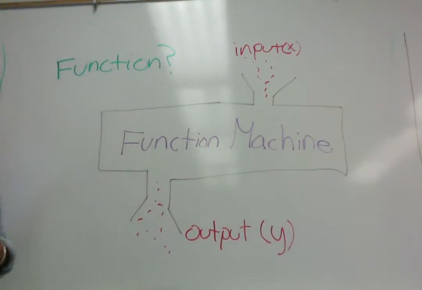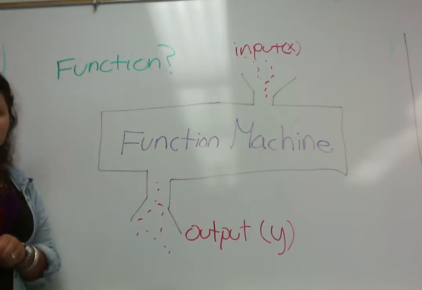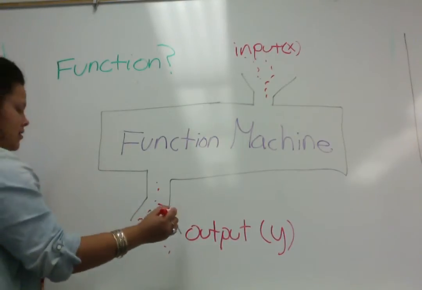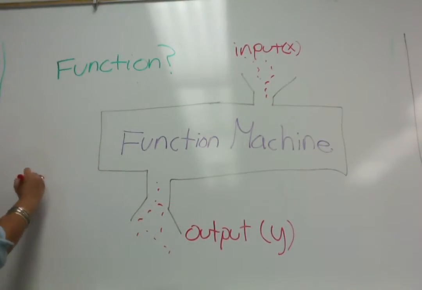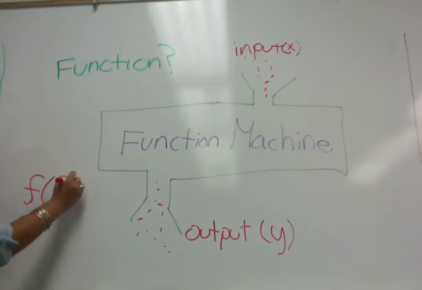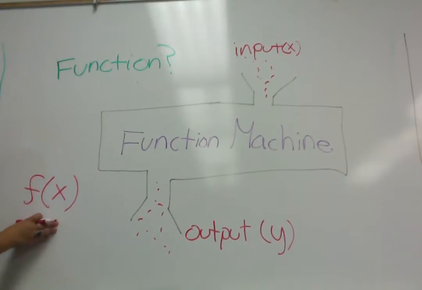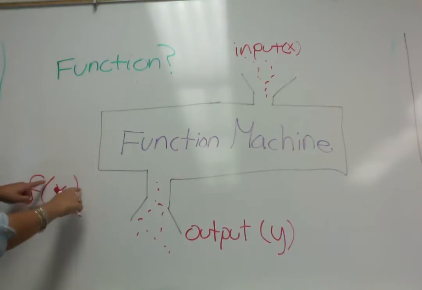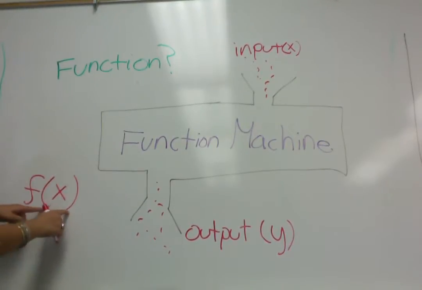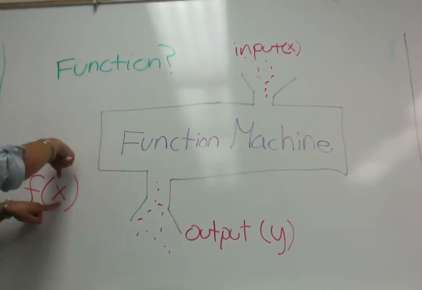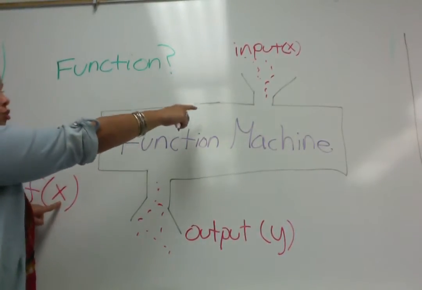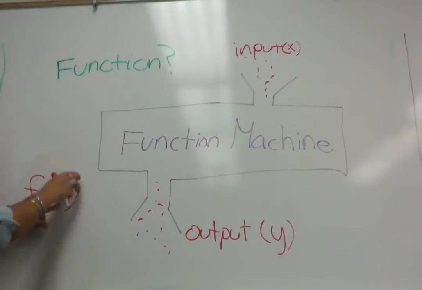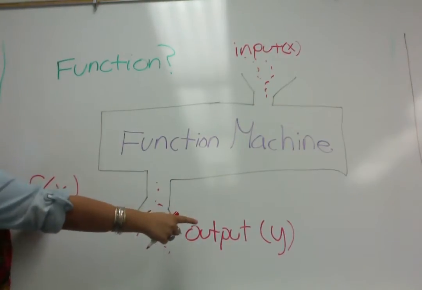But since we're learning about what a function is, the f of x is an actual function. So these parentheses represent our function machine. This x is our input, what we put into the machine. What comes out are our y values.